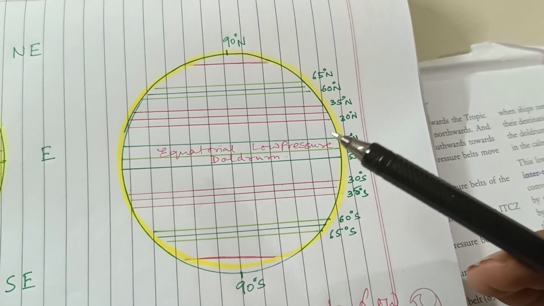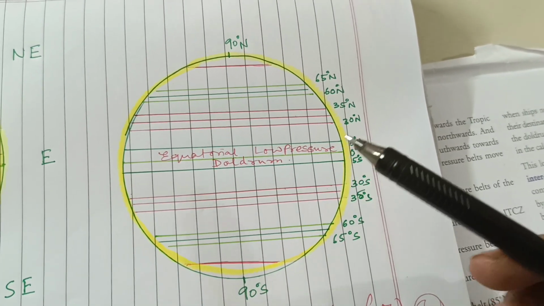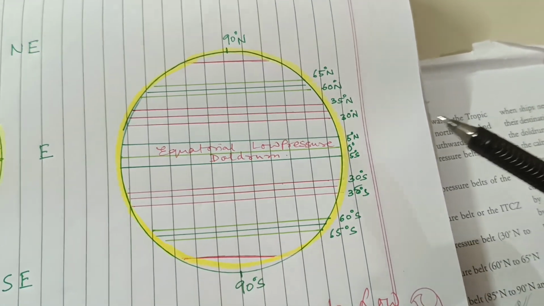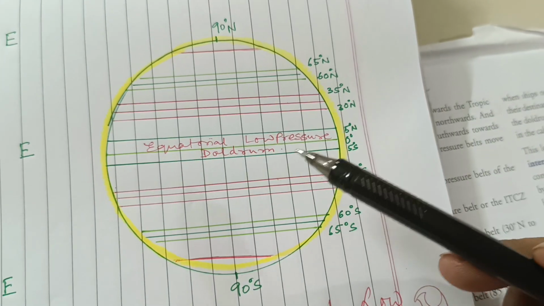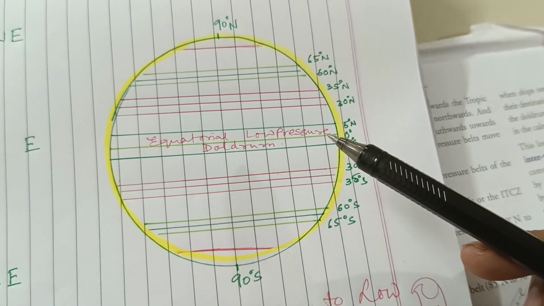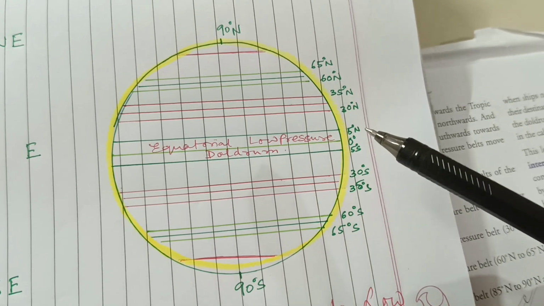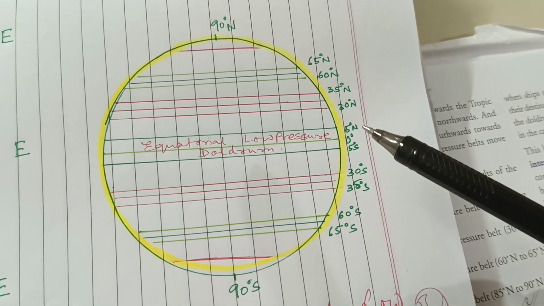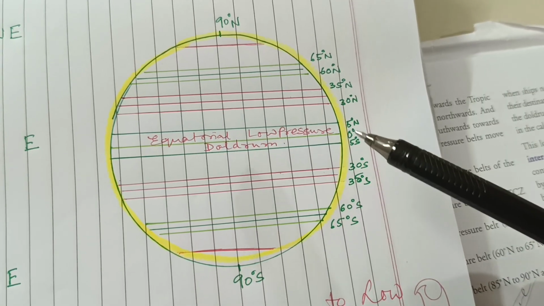Because of this upward movement, the air mass near the surface is very thin or not there, so low pressure is created near the earth surface, and that is why the equatorial low pressure zone is created, which is also called doldrum. You need to remember that it is from 5 degrees north to 5 degrees south.